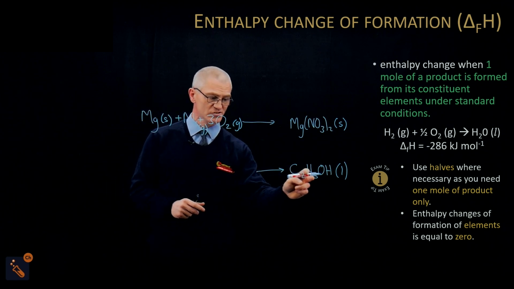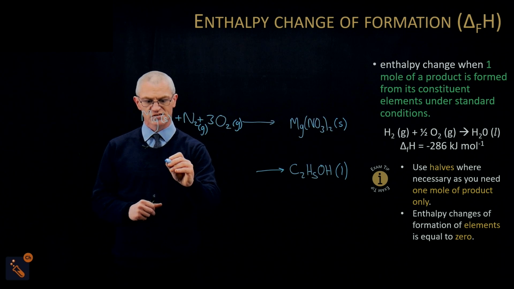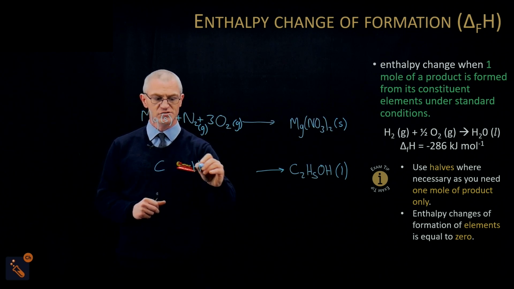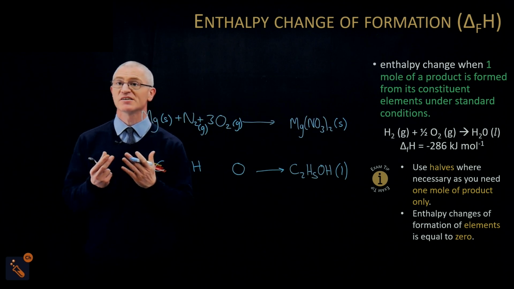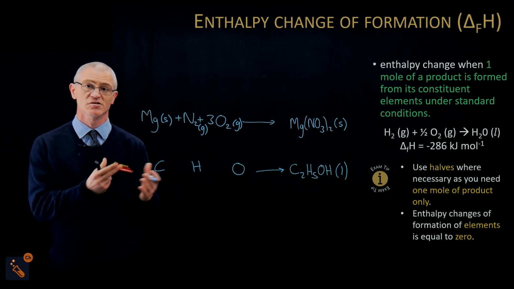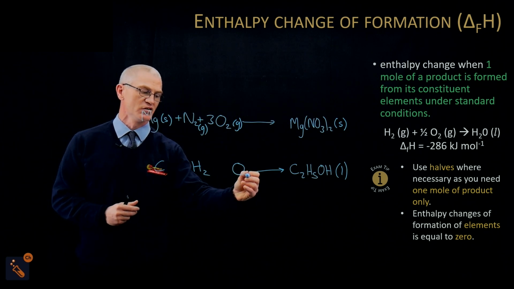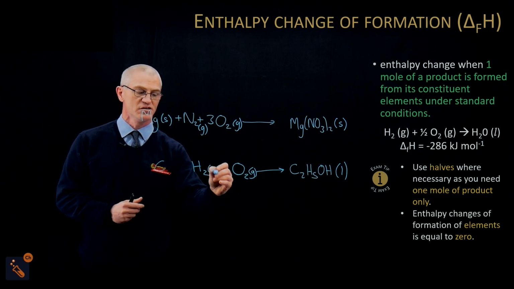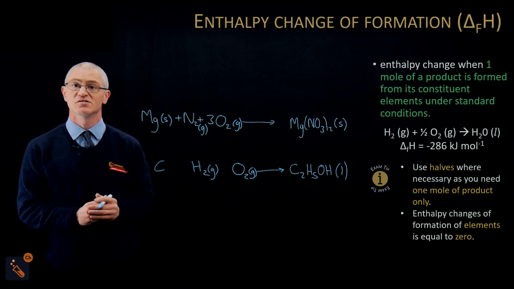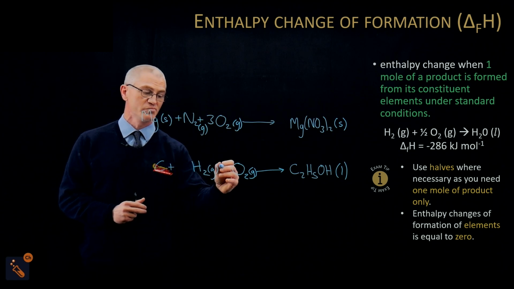We just go back, we've got carbon, we've got hydrogen, and we've got oxygen. So all we have to do is go carbon, hydrogen, and oxygen. Again, we go back to HOFBrINCl. So H and O are diatomic elements. And hopefully you realise that the hydrogen and the oxygen are gases, and now we just have to do our balancing.